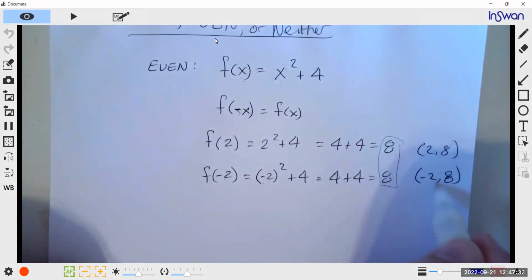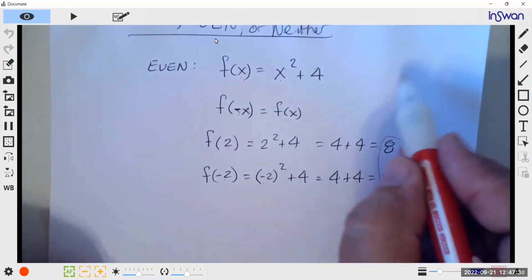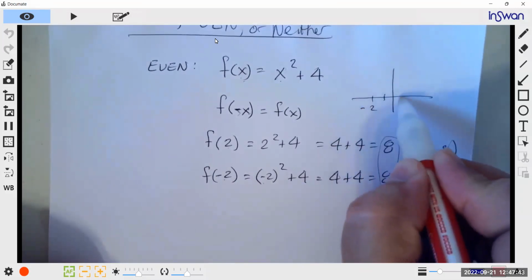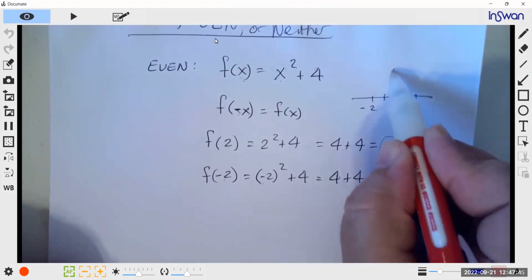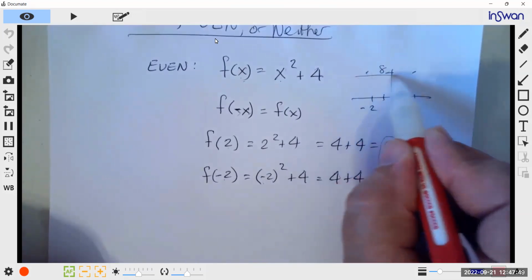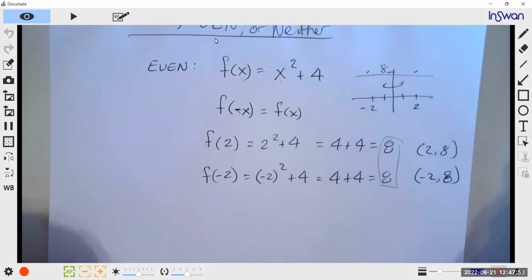What does that look like? What changes here? Only the x values. So if it changes only the x values, it's reflexive about the y-axis.